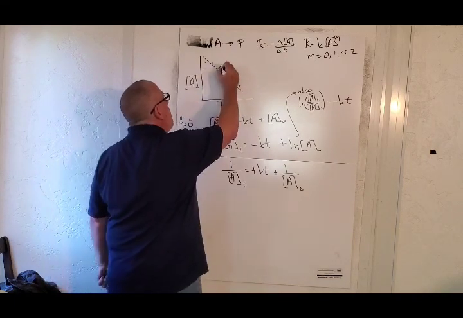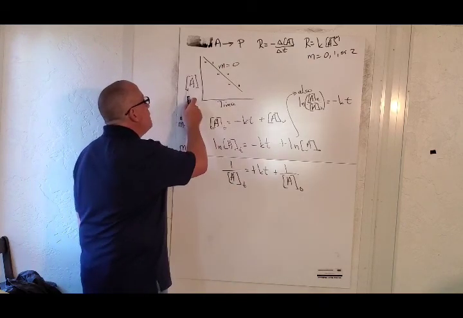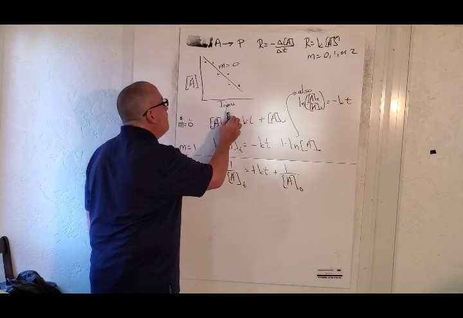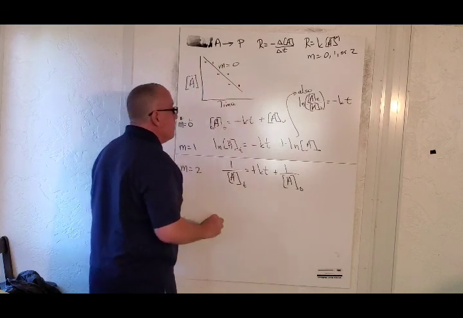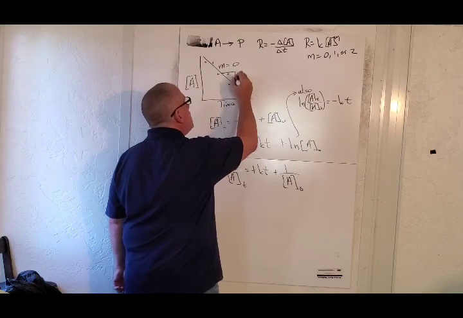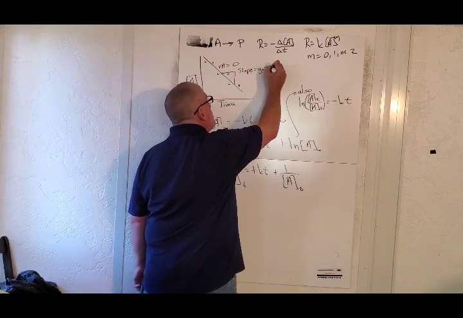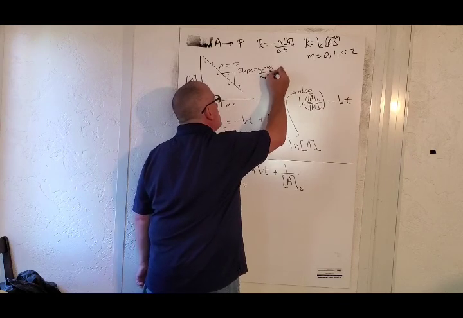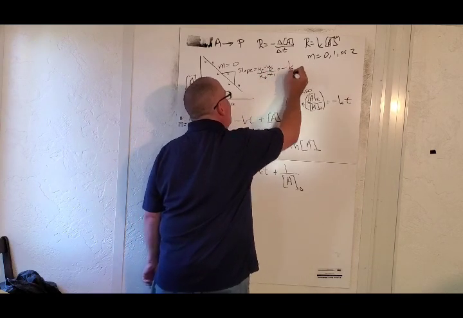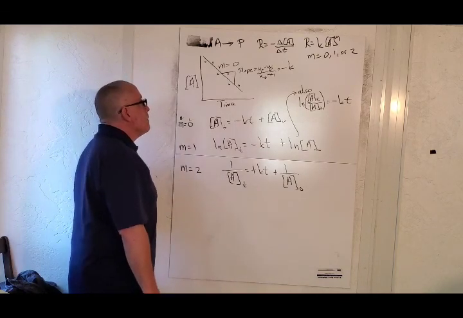If M is equal to 0, a graph of concentration versus time will give me a straight line. And the slope is equal to minus K. Not K, but minus K. Okay?